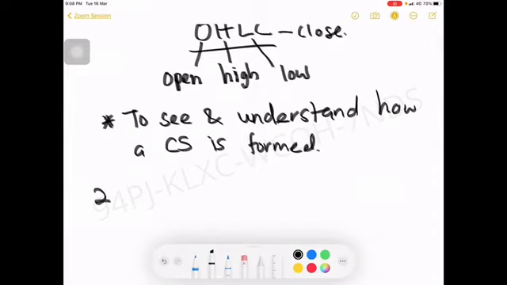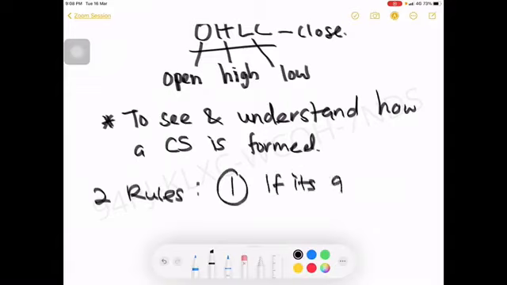Okay, there are only two rules for OHLC. First, if it's going up, this is an arrow going up, it must go down first.